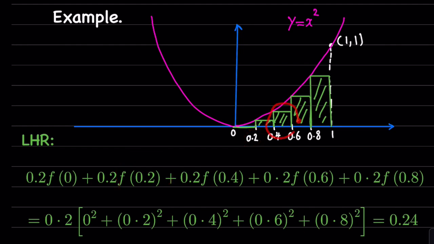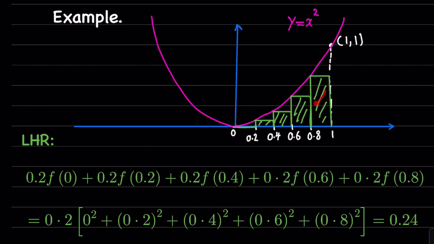Then the third rectangle, this side is 0.2, and the height is the value of the function on the left-hand side of that interval. So it's going to be 0.2 multiplied by the value of the function on the left-hand side. And you just repeat this for the other 2 rectangles. So if you add up, you have 5 rectangles here, one of them has area 0, which is fine.